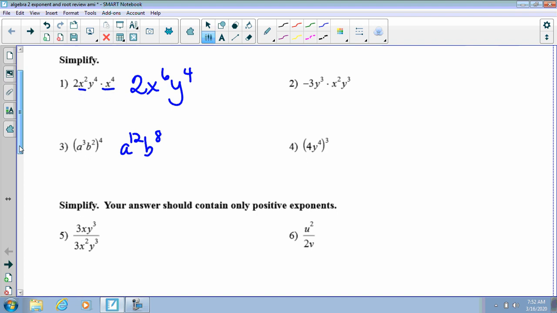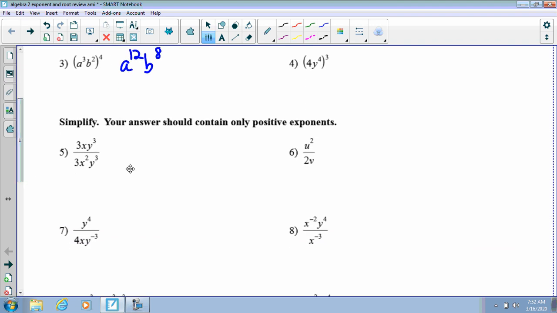Now we'll go on to dividing. So this is number 5 on your paper. So when we're dividing, we can think about canceling things out, and you cancel 1 for 1, but if you notice here, 3 and 3, those can be simplified and canceled out. Since there's y to the 3rd on top and bottom, it's the exact same number of y's. Those can be canceled out, and all you're left with is x over x squared.